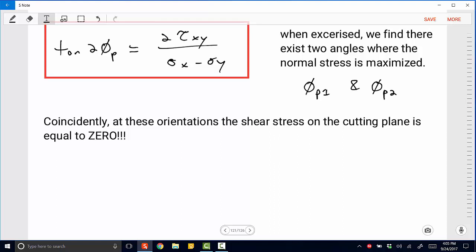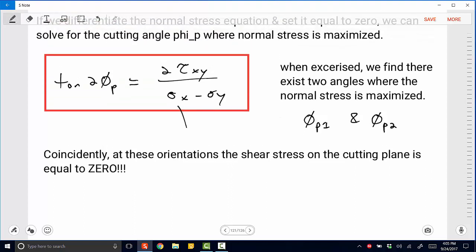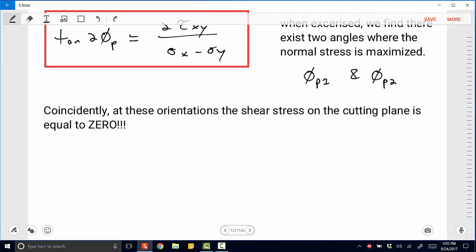So if we can solve this equation and find those two angles, at both of those orientations, there exists no shear stress on our cutting plane. We've actually eliminated it, which is really cool.